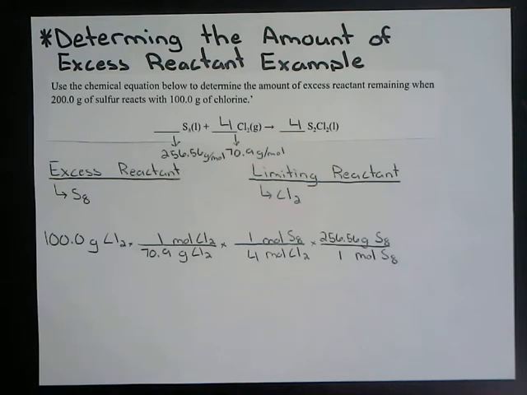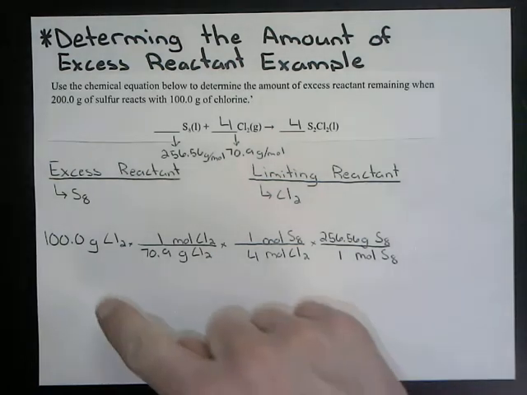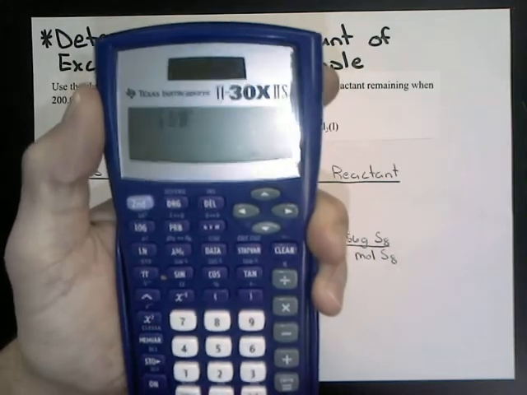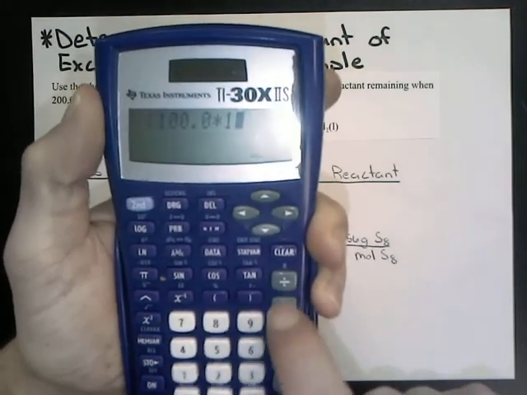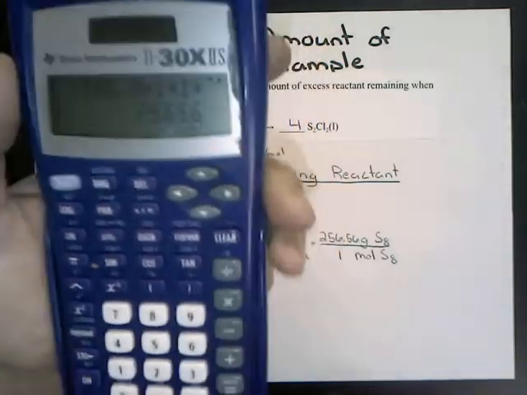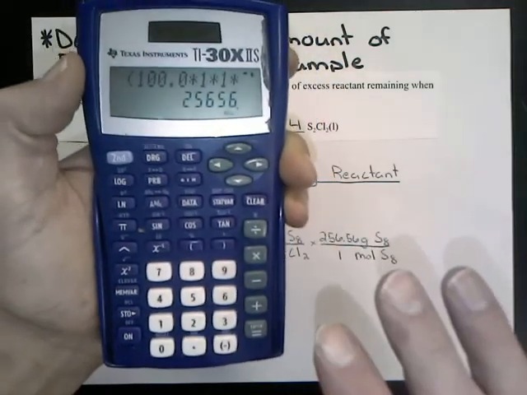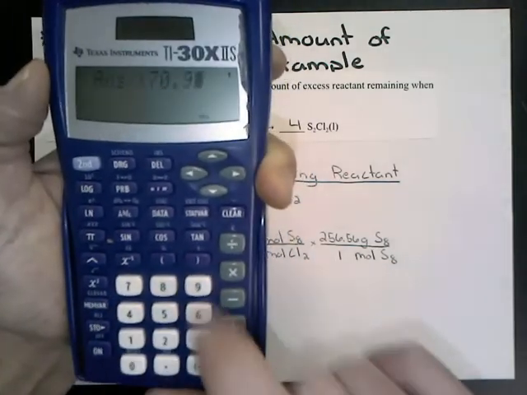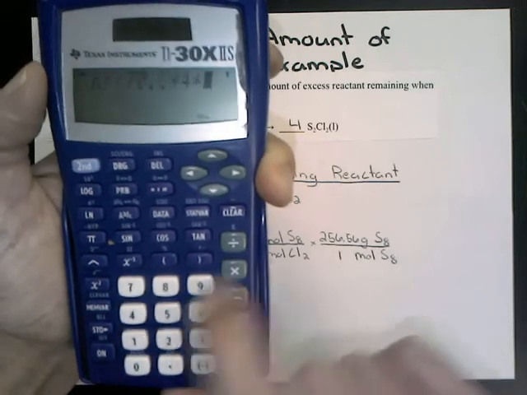This number goes with grams here in our conversion, and that's for every 1 mole. Now what we're going to do, we're going to get our calculators, and I'm going to take 100.0 times 1 times 1 times 256.56. Close my parentheses. I'm going to divide it by everything that is on bottom. So I divide it by 70.9 times 4 times 1.